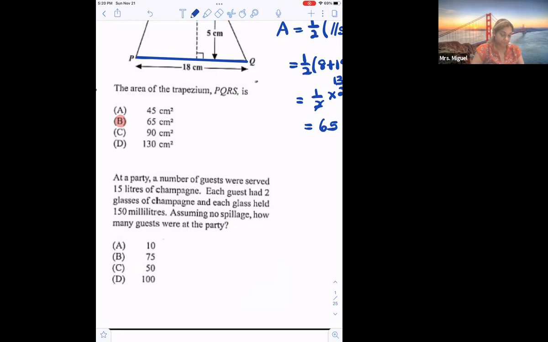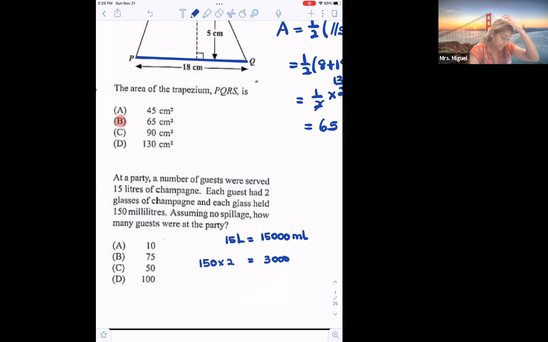So, 15 liters is equal to 15,000 milliliters, and each glass had 150 ml, and each guest had 2 glasses. So this is 300. They are asking how many guests were there at the party.